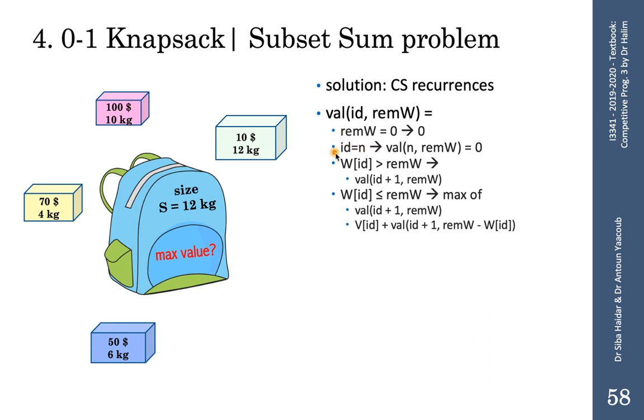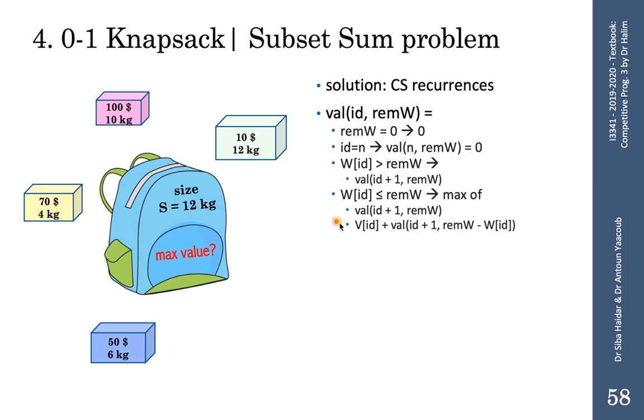And there are two base cases. Either the remaining weight is 0. In this case I cannot hold anything, so the value is 0. Or I have solved all and I have reached the final stage, which is id equal n, and in this case also I return 0.